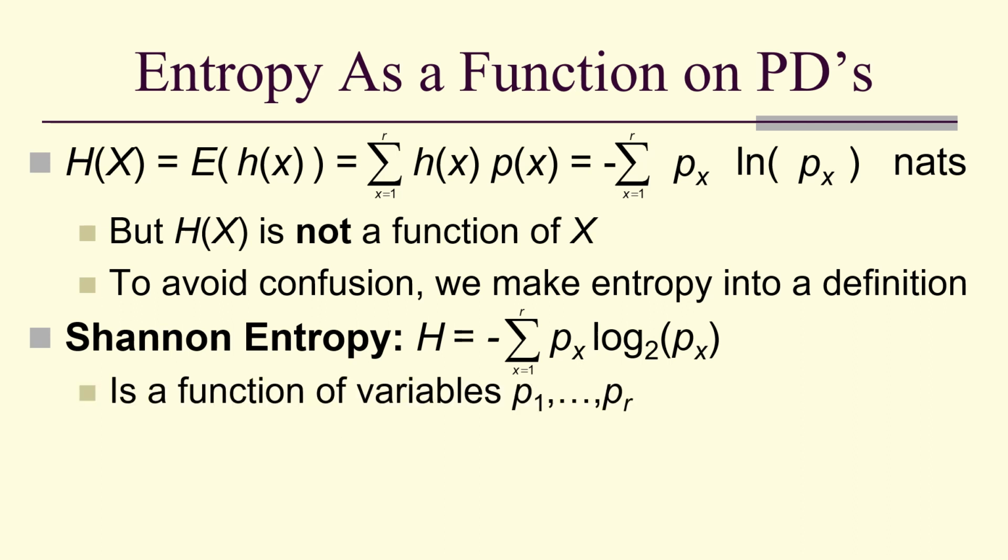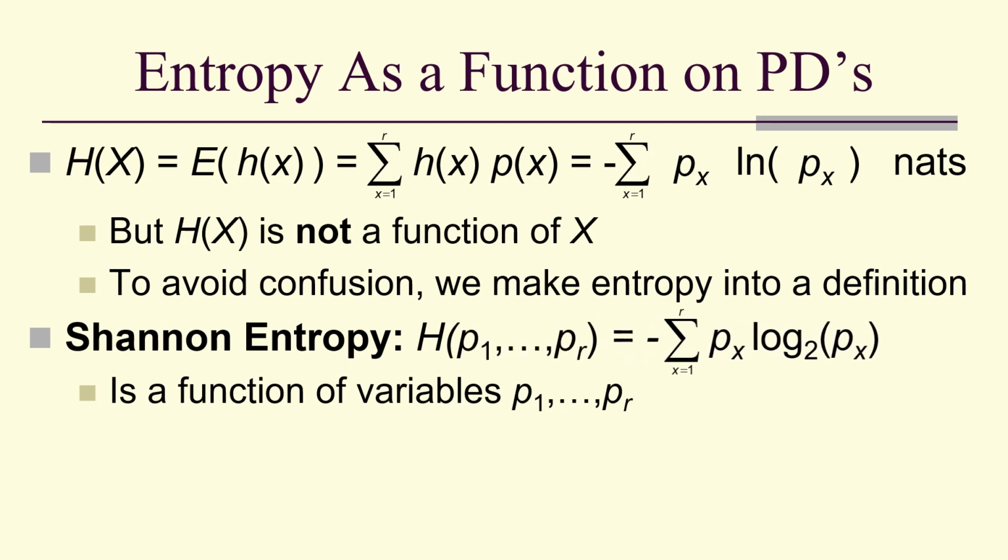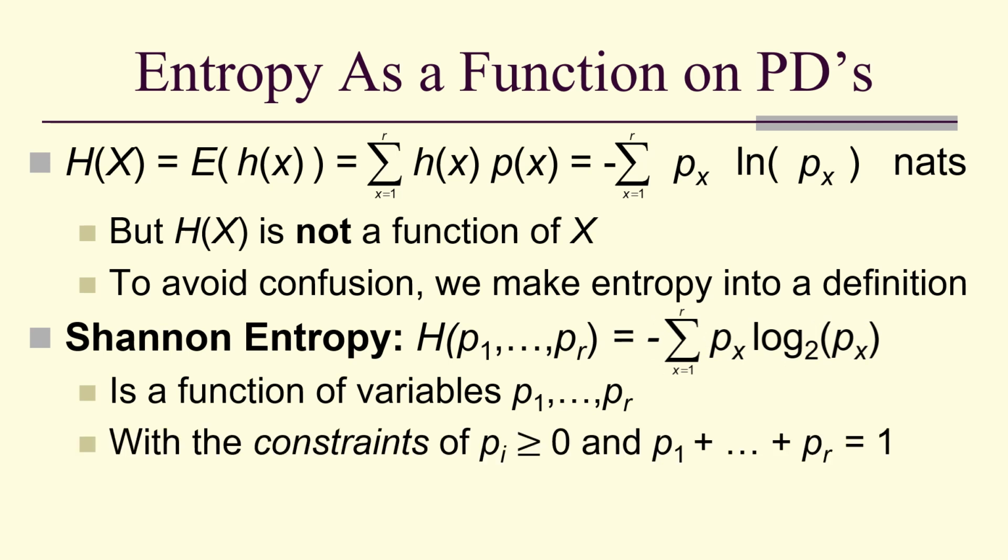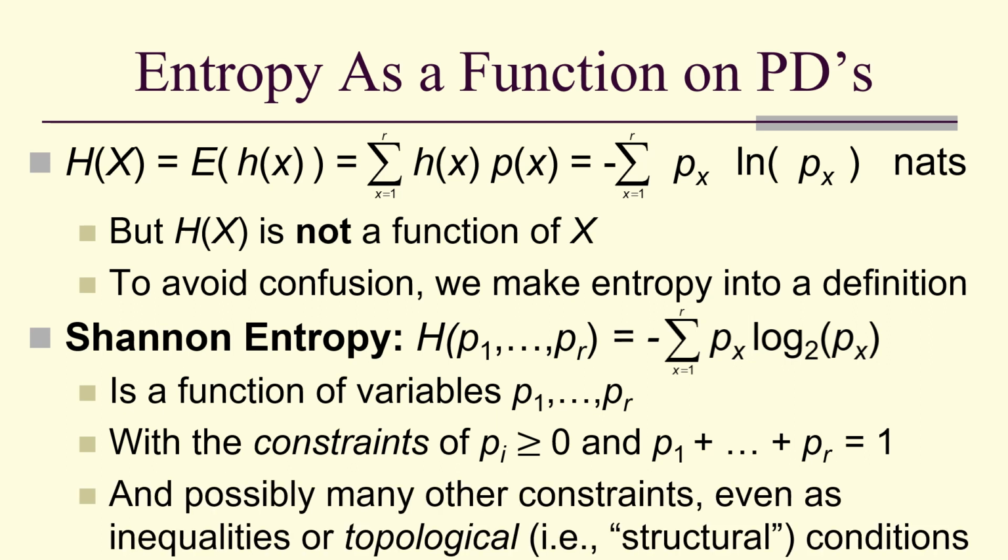So Shannon entropy is where we have the expression for entropy, but as a function of variables P1 to PR. We'll have constraints, such as the p's have to be greater than or equal to 0, and their sum has to be 1 because it's a probability distribution. And maybe other constraints, inequalities, or even topological structural conditions.